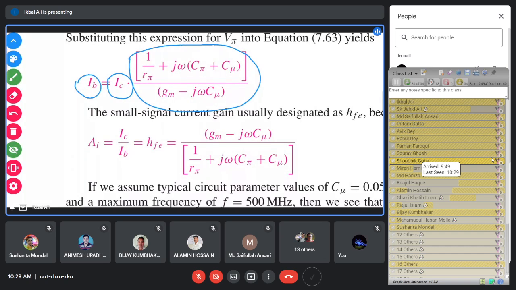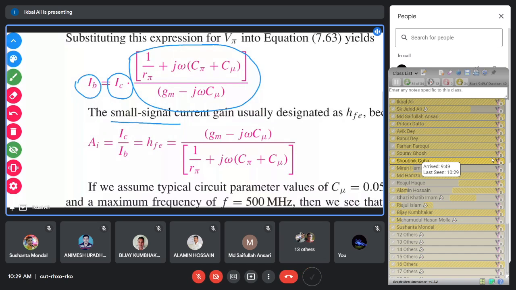So input and output of the transistor maintain a linear relationship: the output is just a number multiplied by the input, that is the gain.